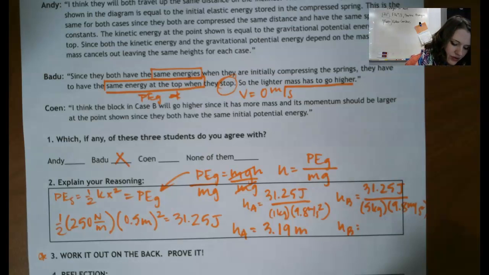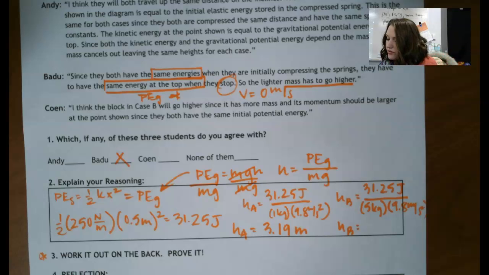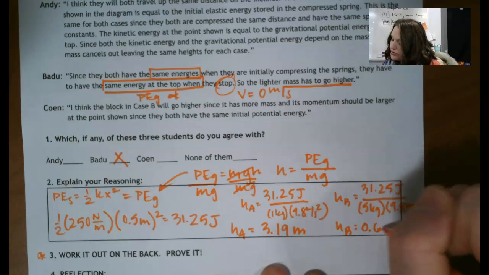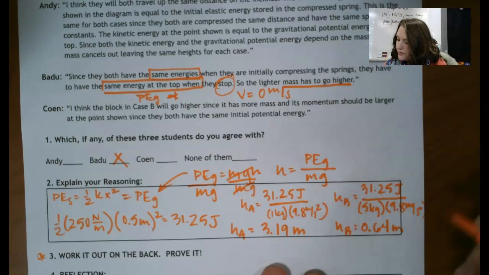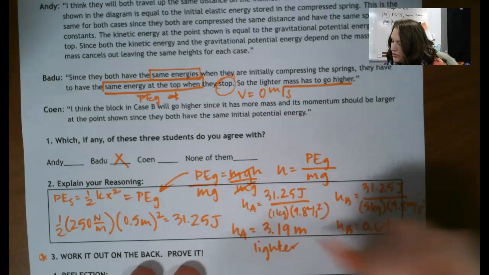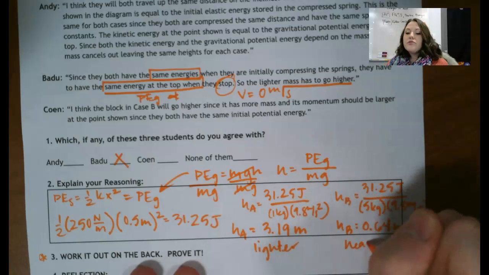Wow, that's a much smaller number. Just checking. That makes sense. If I take that other answer and divide it by 5, I should get that, right? 0.64 meters. So the lighter object travels to a greater height. The heavier object travels to a lower height.